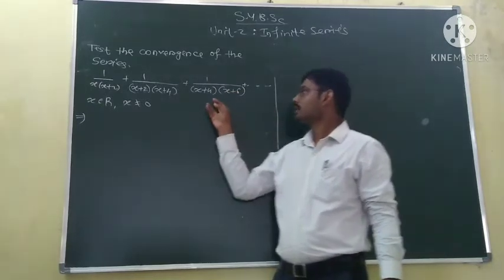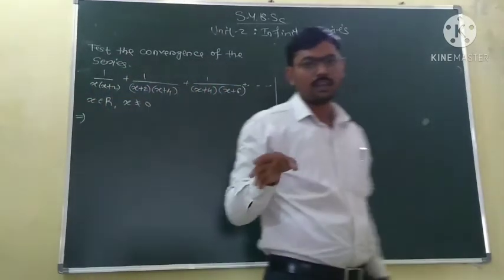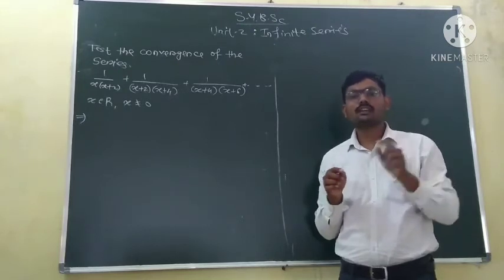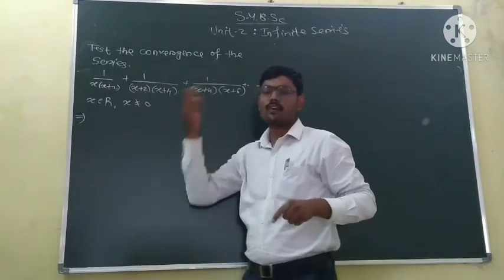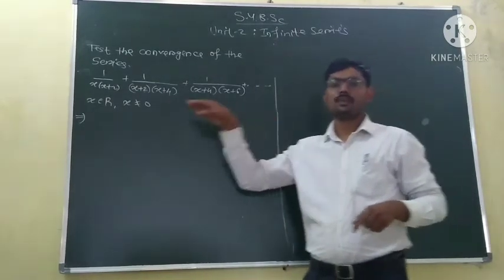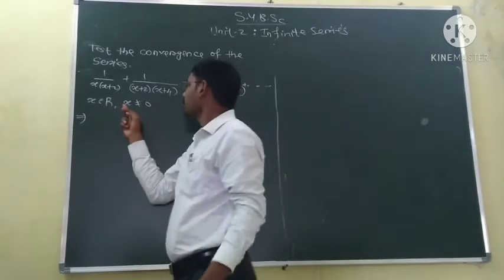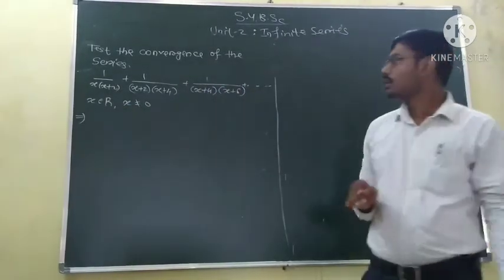Here the series is directly given in terms of its elements. Sometimes the series will be given in terms of the nth term, that is, a series of xn. Sometimes it will be given in this form, where some two or three terms are given. Here x is a real number, a non-zero real number.